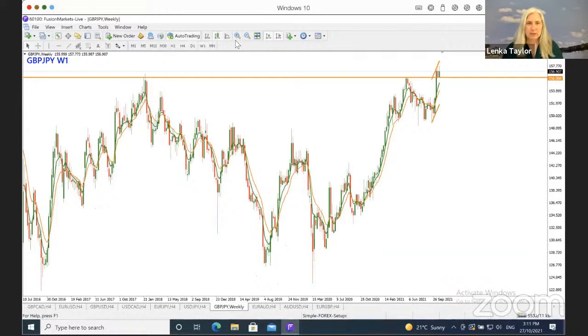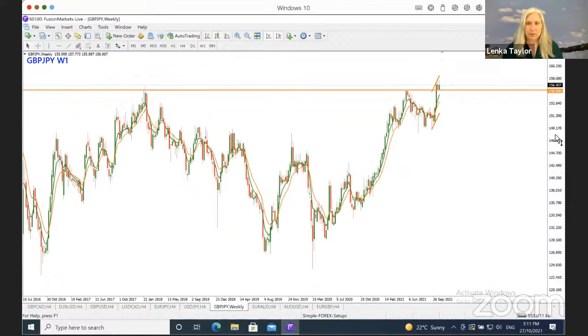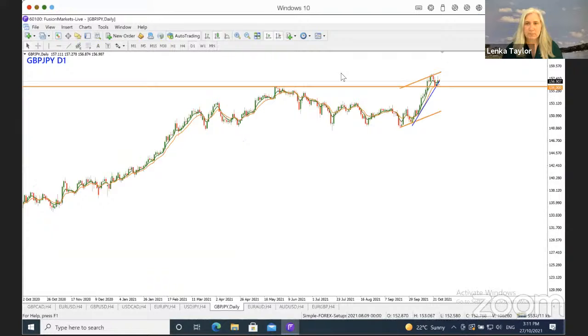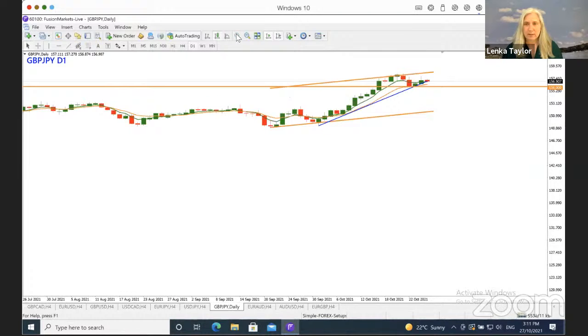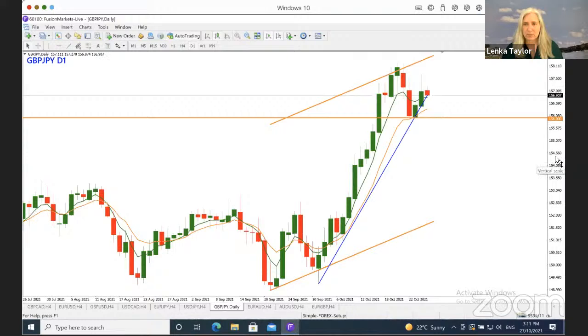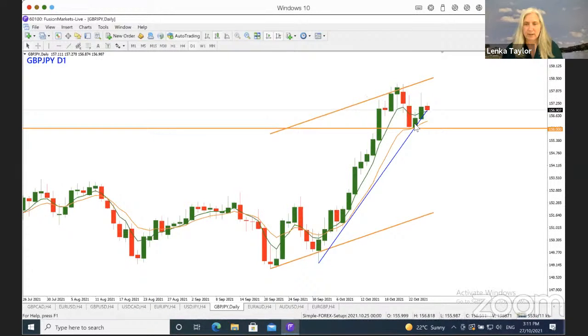So on the weekly, this is where we're at. We have closed now above that horizontal level at 156. So in terms of the daily price action, let's have a look. We've had a bit of a pullback, and it's now a decision point.